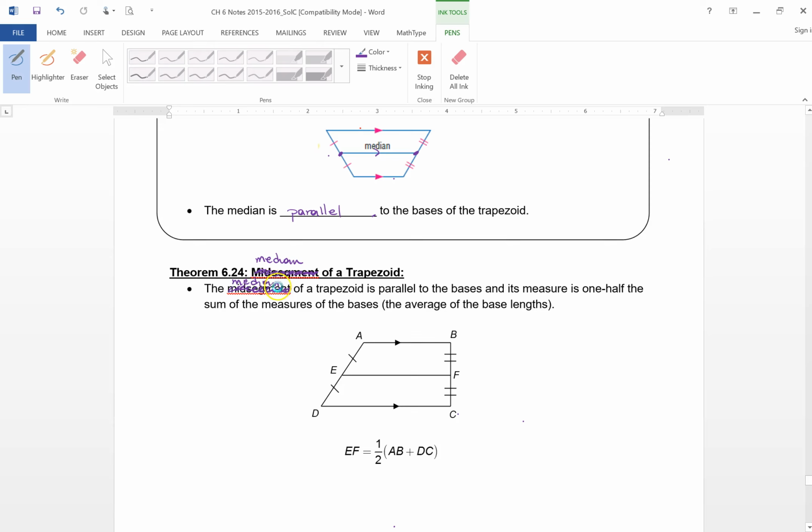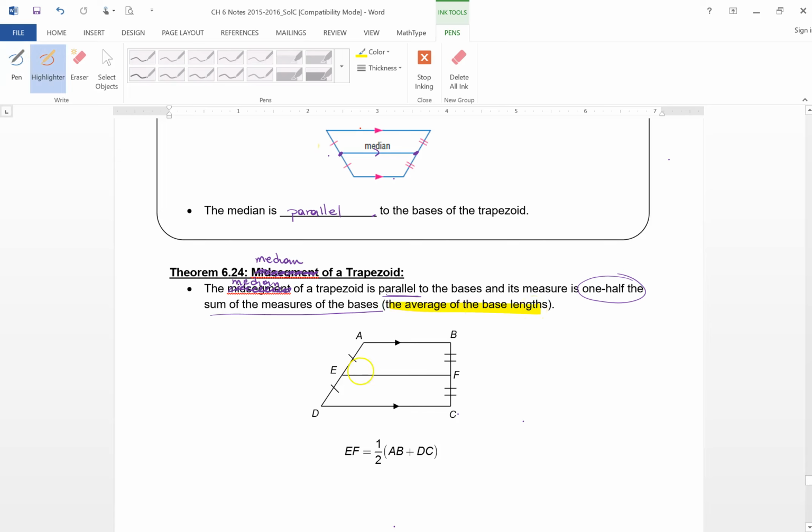Okay, so here's the special thing about a median of a trapezoid, now that we know what a median is. The median is not only parallel to the bases, but its measure is exactly 1/2 of the sum of the measures of the bases. So basically, it's the average of the two base lengths.